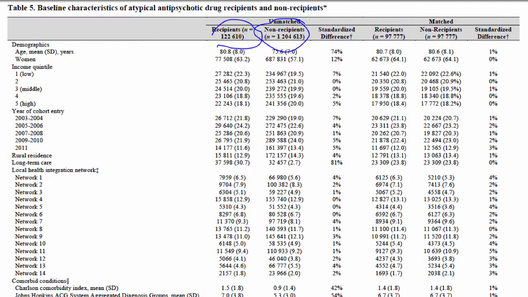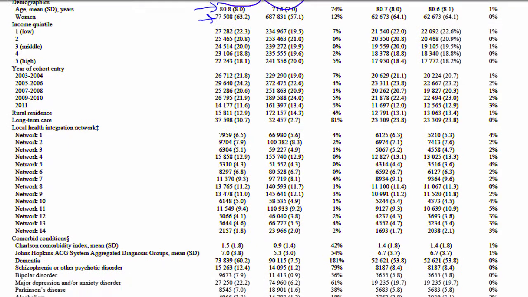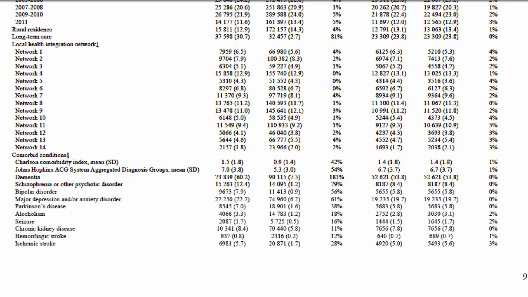For example, patients who got the antipsychotic were older, they were more likely to be women, and if we scroll down, we can see that they had very different comorbidities. That is, they had a number of different medical conditions compared with patients who didn't get antipsychotics. Unlike the randomized controlled trials that you learned about to compare therapies, these comparison groups are very, very different.